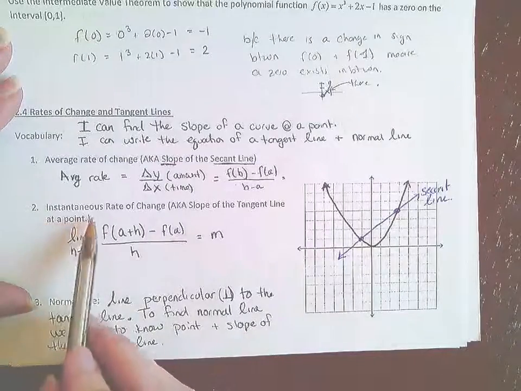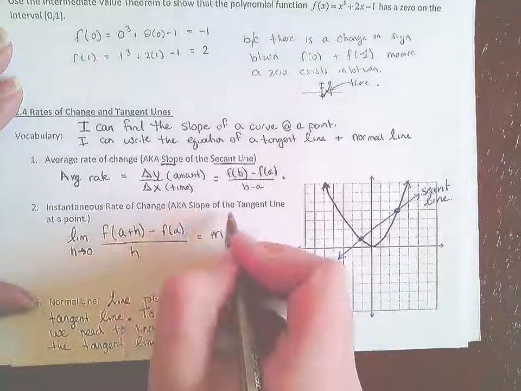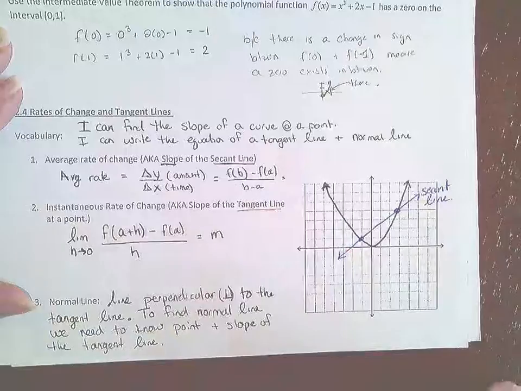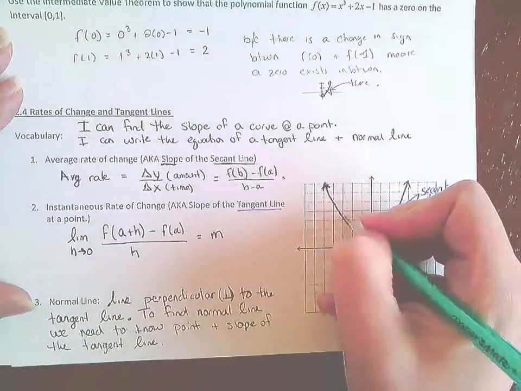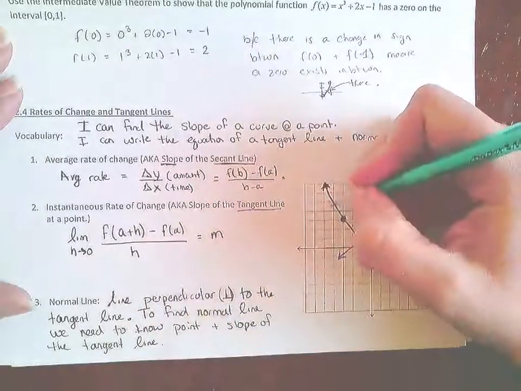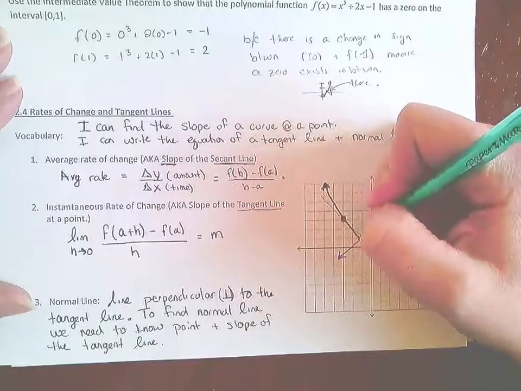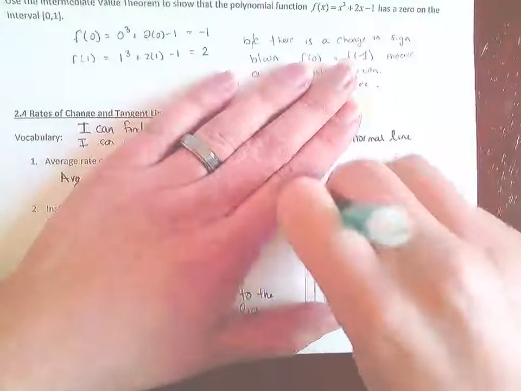Next up, we have the instantaneous rate of change. Now we're going to know this as the slope of the tangent line. So what is a tangent line? The tangent line is basically at a point, if you draw a straight line that goes through that point, sorry, it's not supposed to intersect the curve, okay?